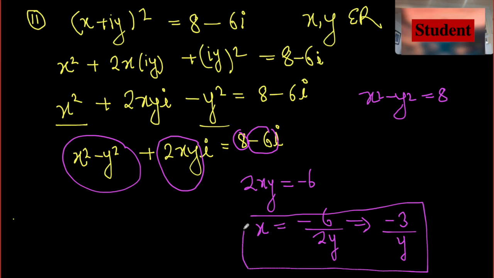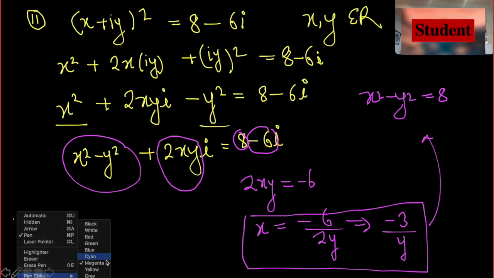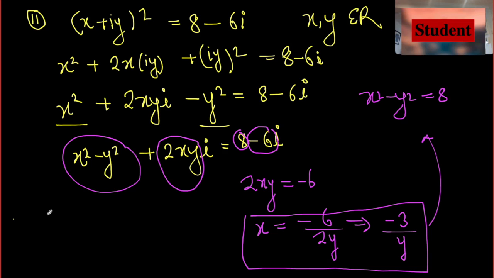Okay, and I will replace this one into this equation. So x will be replaced by −3 over y. So you will get 9 over y² − y² is equal to 8. So we have to solve this one.